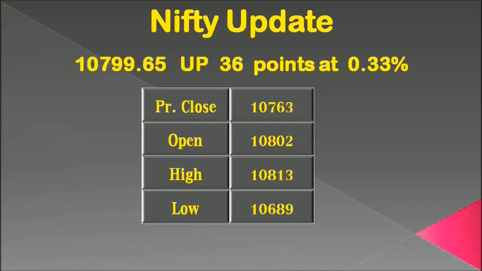So there was weakness seen in the mid half of the session, but at the day end, the market was able to sustain the gap, and it closed at around exactly 10,800, just 35 paise down from that, which is a 0.33 percentage upside.